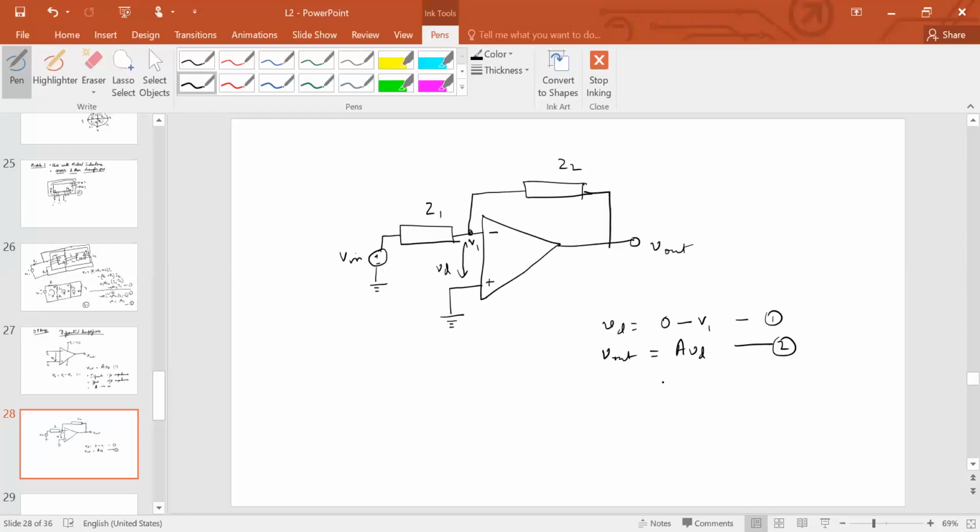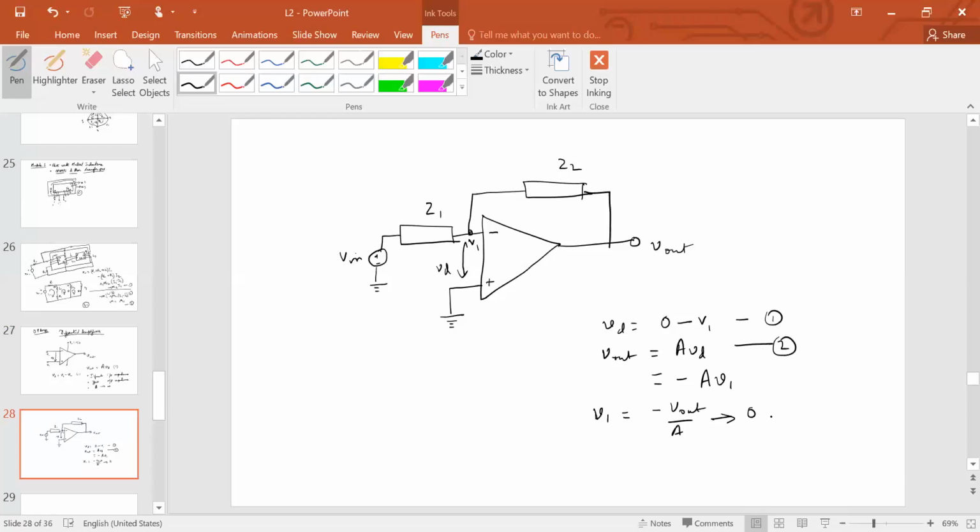It might seem a little counterintuitive and weird, but then you assume, so this is going to be equal to minus A V1, all right? And then you assume that if you want to get some meaningful, non-trivial sort of an output, then V1 is going to be minus V out by A, which then tends to 0.